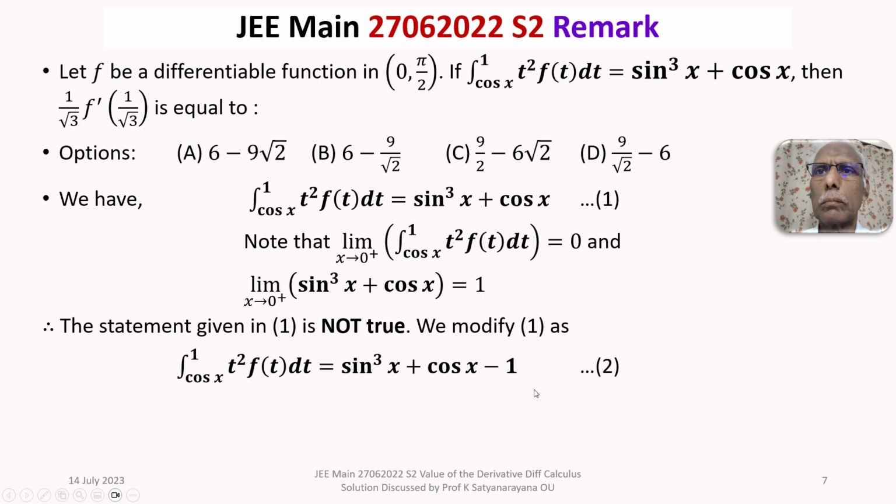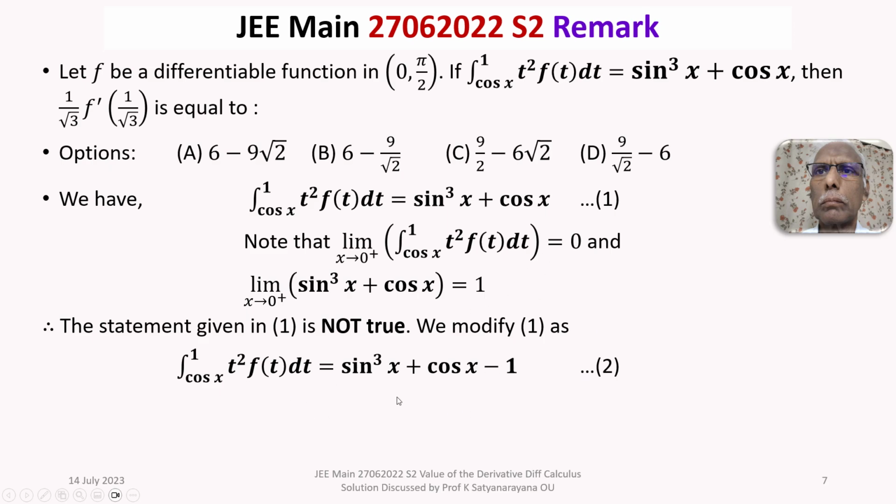But sir, how is it that we got the answer and we have proceeded? Yeah, this minus 1 doesn't take part when we differentiate both sides with respect to x. So we started with this, differentiate with respect to x, we said. So even if there is some constant, that will go off, and from there onwards everything is true.